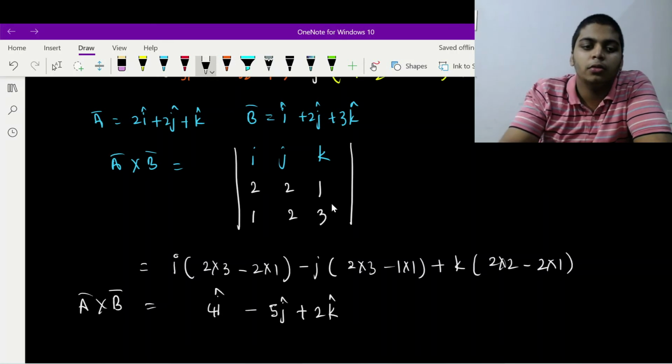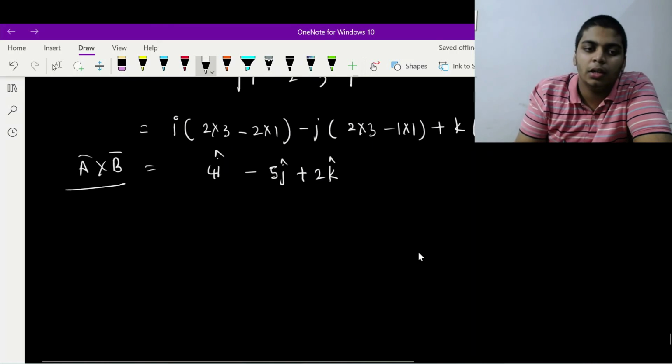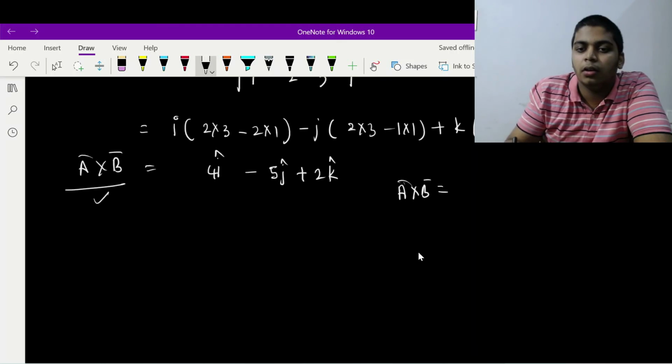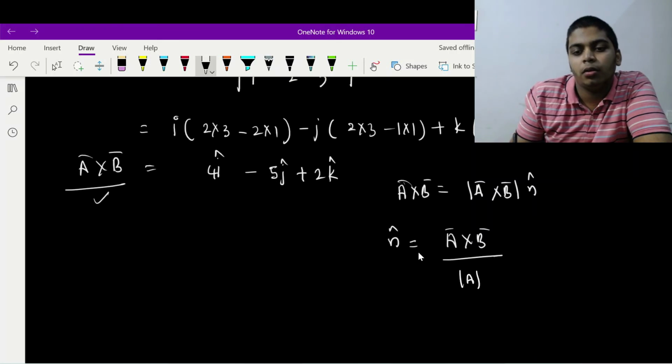If you are asked to find the unit normal vector of this a cross b, a cross b is actually mod a cross b into n cap. So your n cap, the unit normal vector, would be a cross b by mod of a cross b.